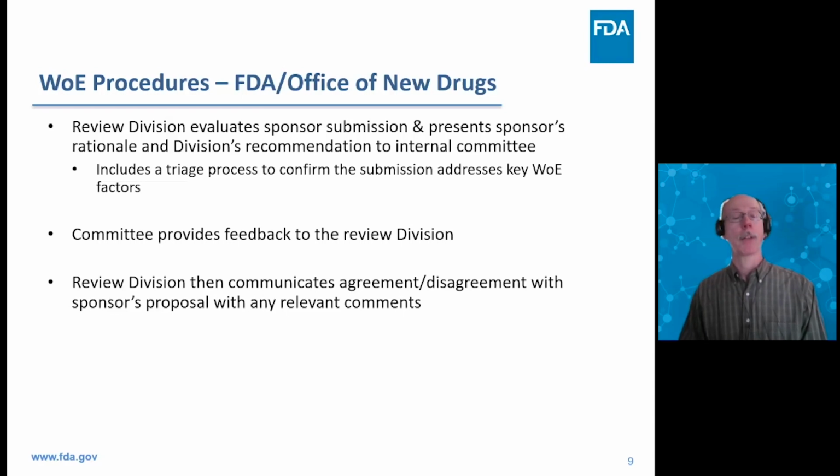I'll note that there is a triage process built into this such that if that information isn't available in the weight of evidence submission, the information that I listed for each of those factors, including that chronic toxicity study, then there is a possibility that the review division would reject it and not review it until that information is provided.